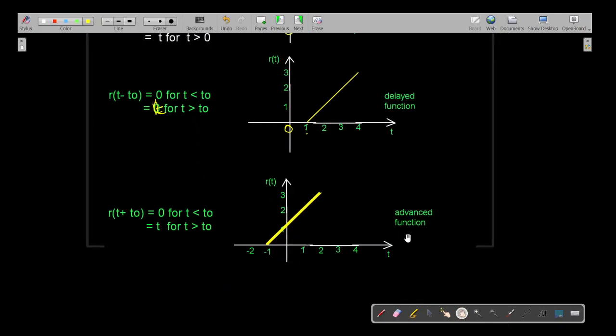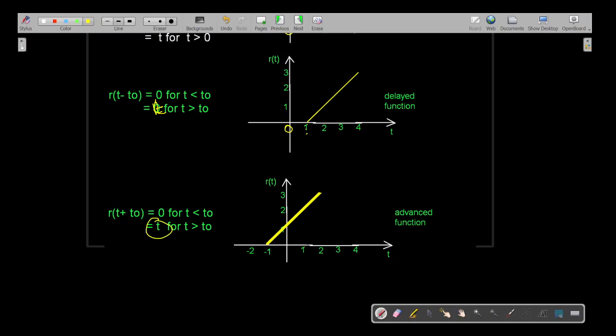And this is the advanced function. The advanced function is represented like this: r of t plus t naught is equal to 0 for t less than t naught, and t for t greater than t naught. So how can we interpret this?